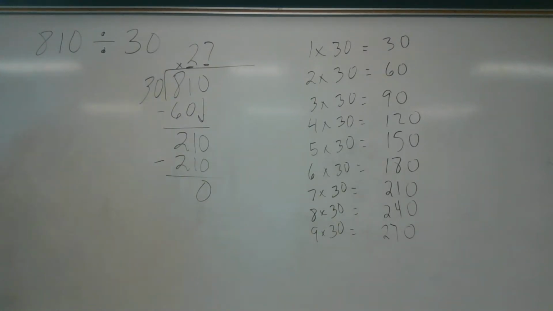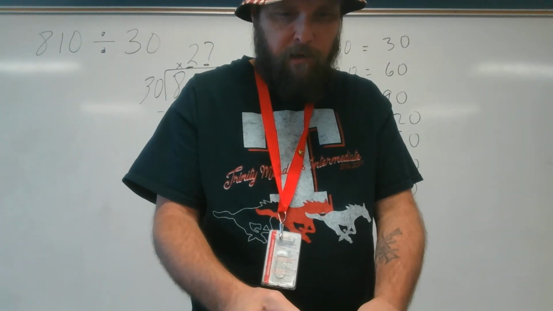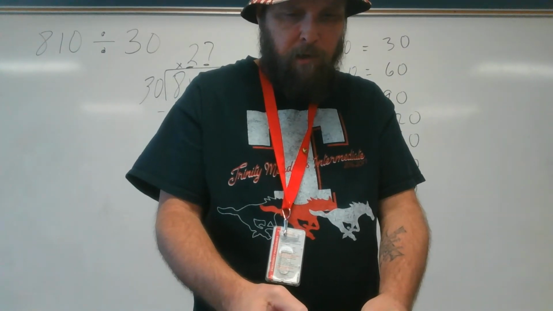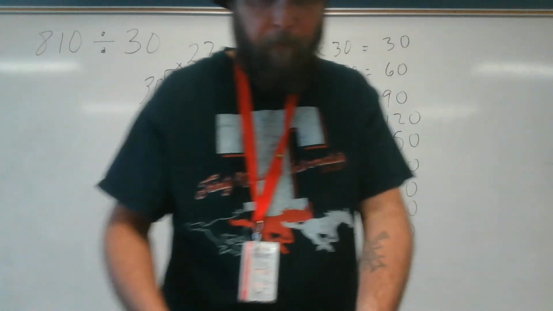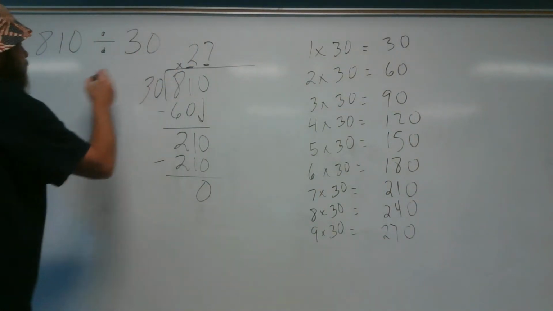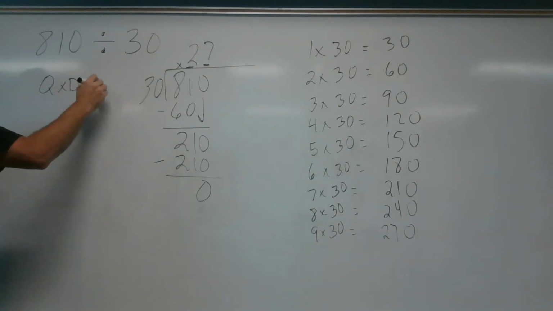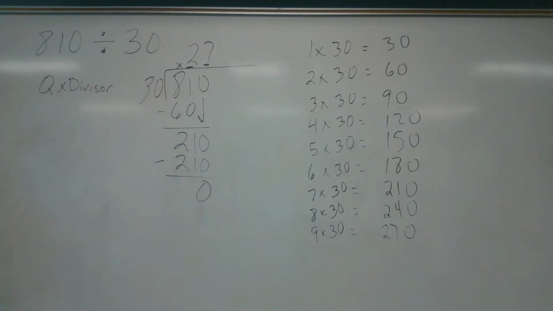Lillian, you aren't done yet because you also need to check your work. Awesome, yeah, because Lillian just texted me and said you need to check your work. So I'm going to check my work, and I multiply my quotient, which is my answer, times my divisor, which is the number I'm dividing into my dividend.